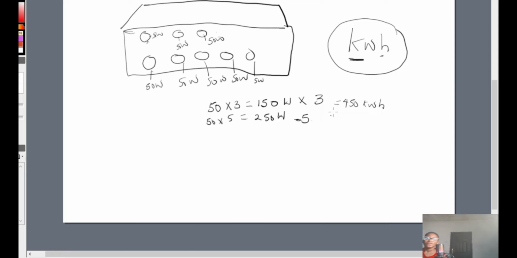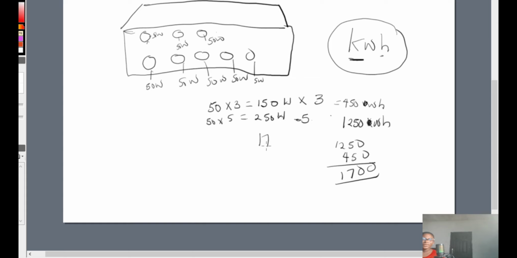Okay, that's 1250. 1250 what? Kilowatt hour? No, it's not yet kilowatt hour. It's 1250 watt hours, sorry, we've not divided by 1000. So if I add these two together, that will be 1250 plus 450, which is 1700.